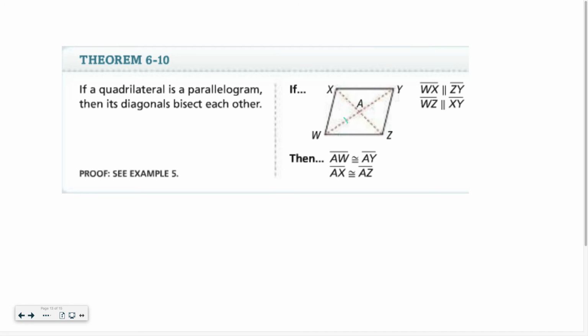So that means that WA is congruent to YA, and XA would be congruent to ZA. That information gets used to solve problems about diagonals within parallelograms. So it's really important to know the diagonals bisect, or cut each other in half.